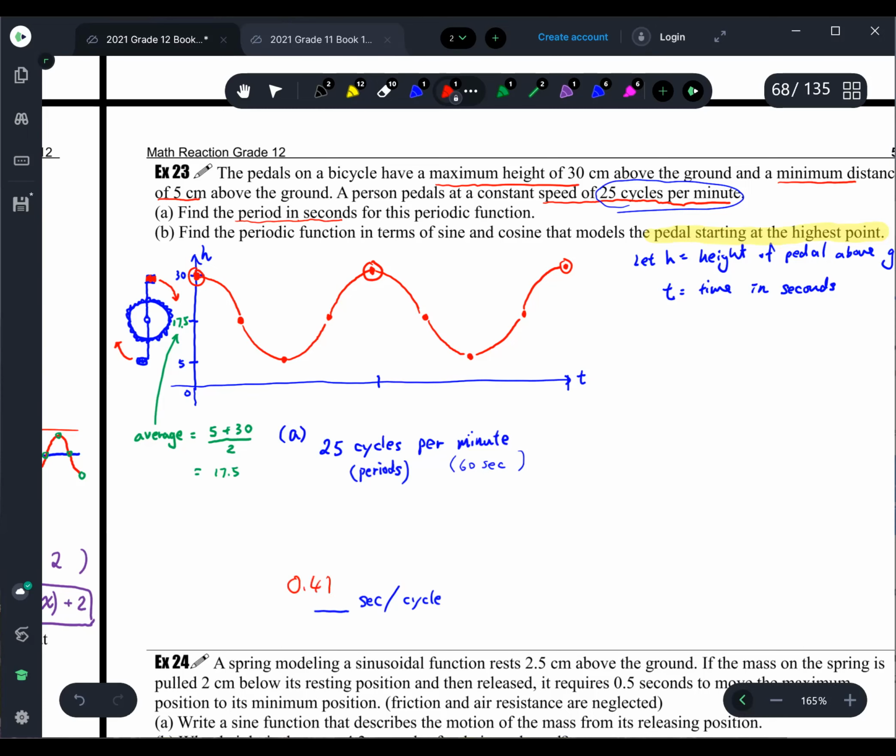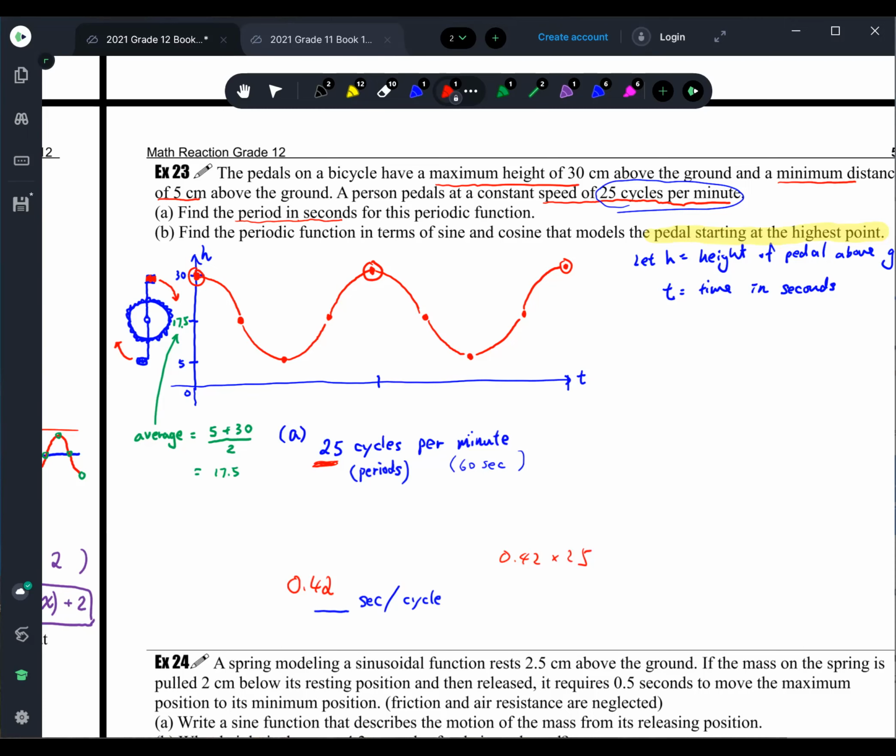0.42 second. So pretty fast. The way you can check if your answer makes sense is to find out how much time it takes for 25 cycles. Because if you have 0.42 seconds for one cycle, we pedal 25 times, so 0.42 times 25 should give us 1 minute, because it tells you 25 cycles every minute.